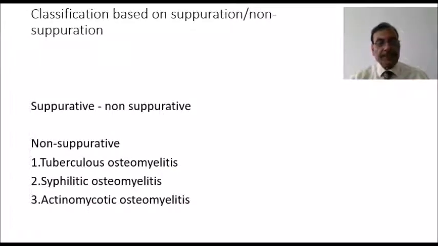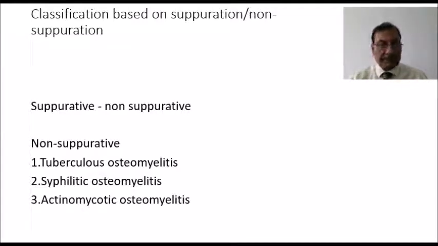The classifications are based on different parameters. First, let us classify osteomyelitis by type. It could be suppurative or non-suppurative. Suppurative means pus forming, non-suppurative means non-pus forming.